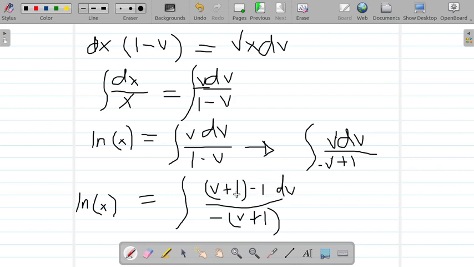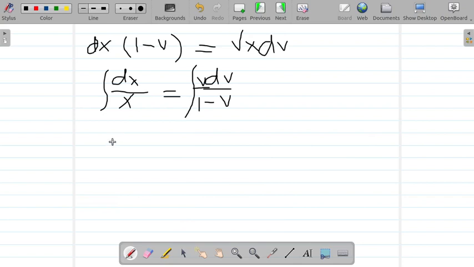So, v plus 1 minus 1 dv is just equal sa gyapon sa v. So, same lang gyapon na ang akuan. Then, ato dayong bulagon ang pag-integrate sa ilaha. Sa v dv, v plus 1 over v plus 1 dv minus dv over v plus 1.